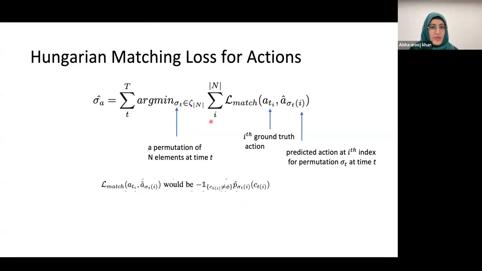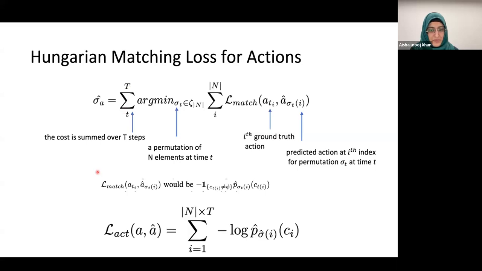Then we do the same thing over all time steps, so the total cost is summed over all time steps for the video. Once we have found the optimal matching, we compute a simple cross entropy loss for the full video with the class labels. This is how the loss function looks for predicting actions.